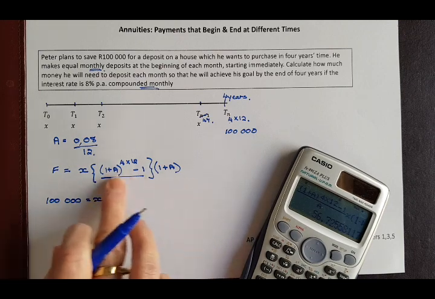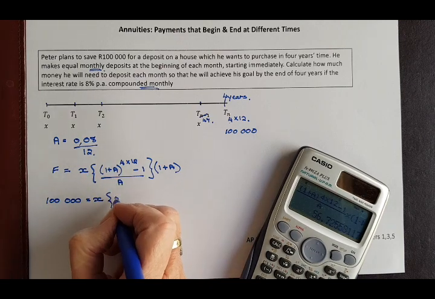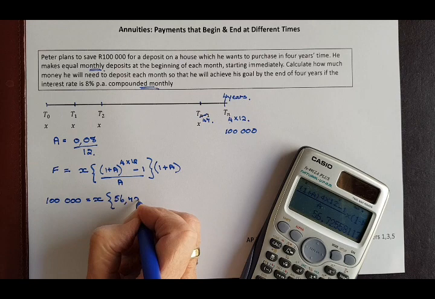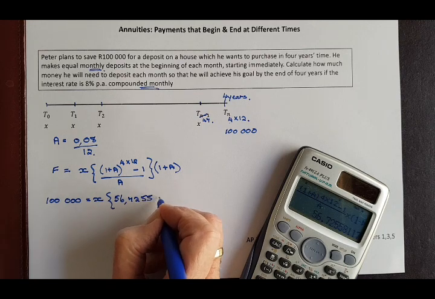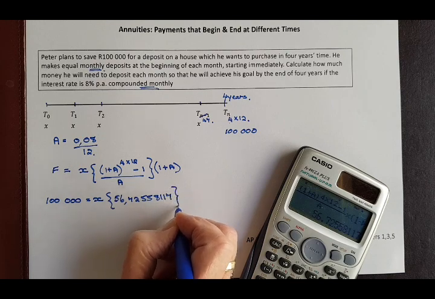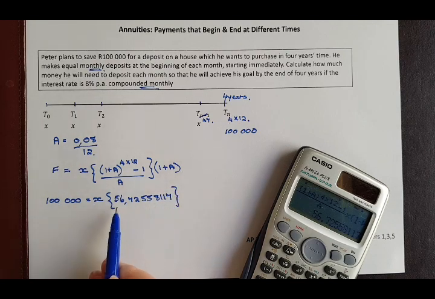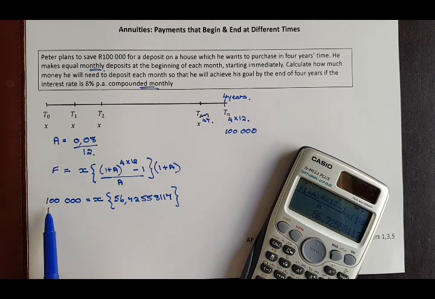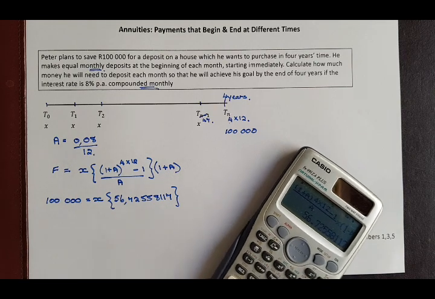And so this calculation gives me 56,72558,117. Don't round it off. Only ever round off a finance question at the very end. So now I'm going to take my 100,000 and divide by that number over there.